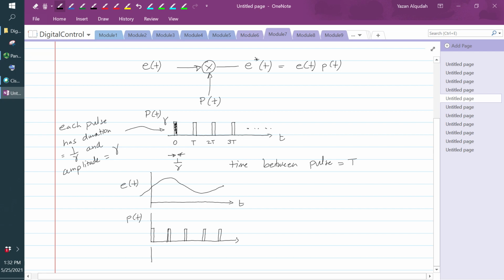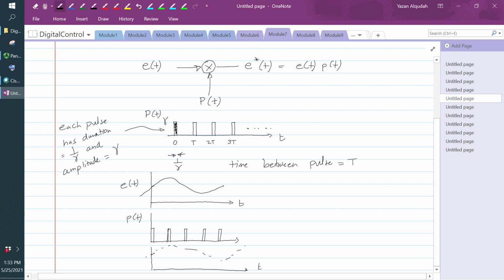I'm going to get a signal here. This is t. That's going to look something like this. Each one of these pulses is going to be scaled by the amplitude of E of t.